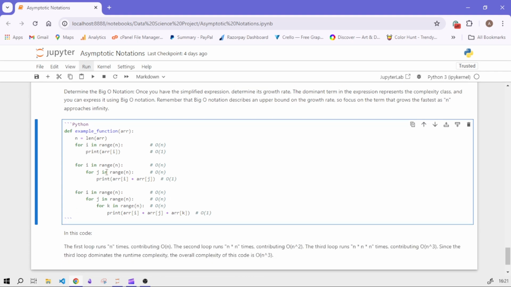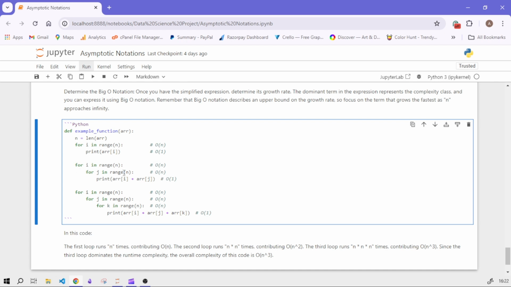Now again we have this for loop, and within that for loop we have another for loop. So the growth rate of this particular block will be O(n), because we are going through each element. As the number of elements increases, there will be linear growth.